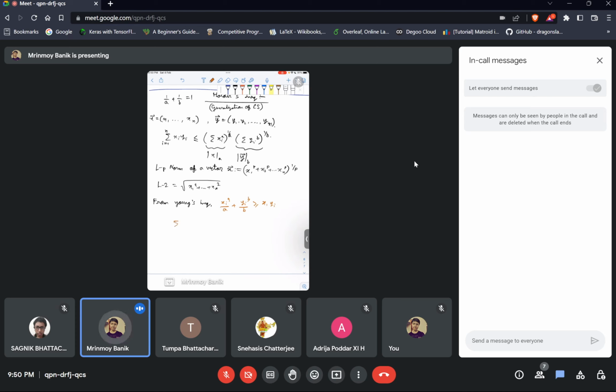So we can vary i from 1 through n, get n such inequalities and add them up.